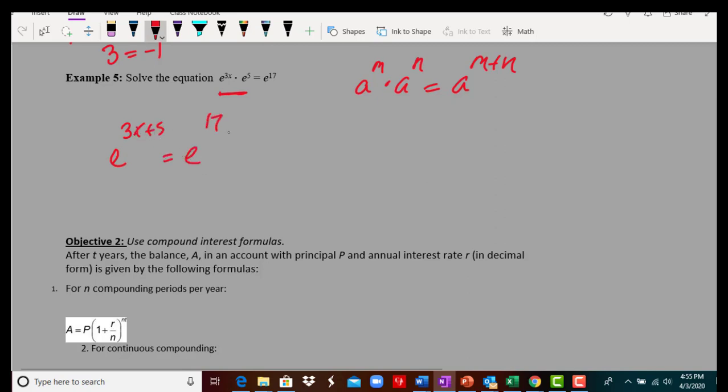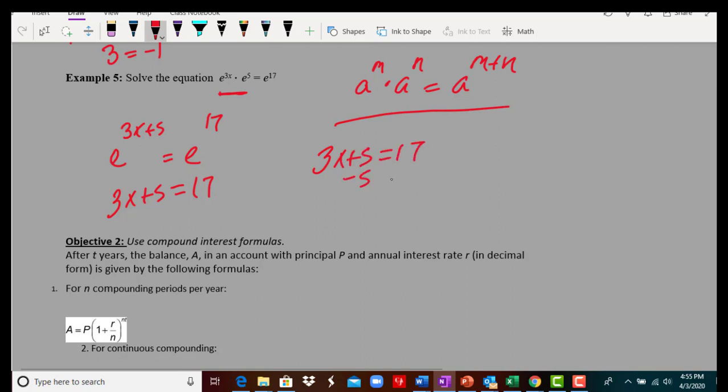equals e to the 17. Now that we have the same base, the bases will go away and we can rewrite this as 3x plus 5 equals 17. So 3x plus 5 equals 17.